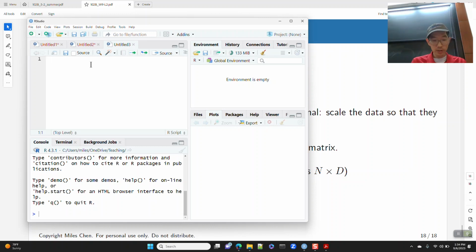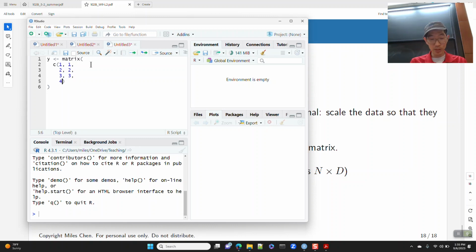Okay, so let's take our y and make a matrix, and in this matrix, let's put in some data. We'll put in 1, 1, 1, 2, 2, 2, 3, 3.